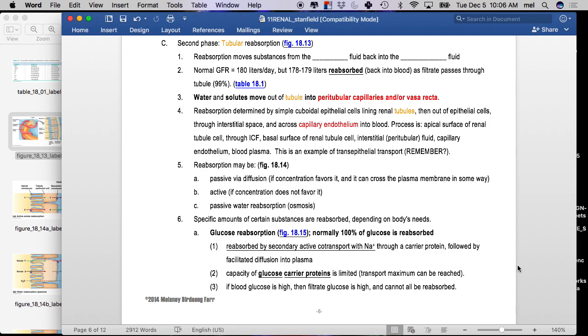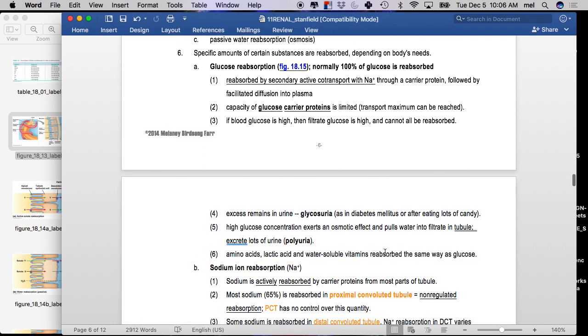You wouldn't use a carrier if you could use a channel. You wouldn't do any of those if you could diffuse it straight in, right? So in each of these situations, even though I'm going to tell you how it's transported, I also want you to try to predict how something is transported. Like how would we reabsorb glucose? How would we reabsorb whatever? That make sense?